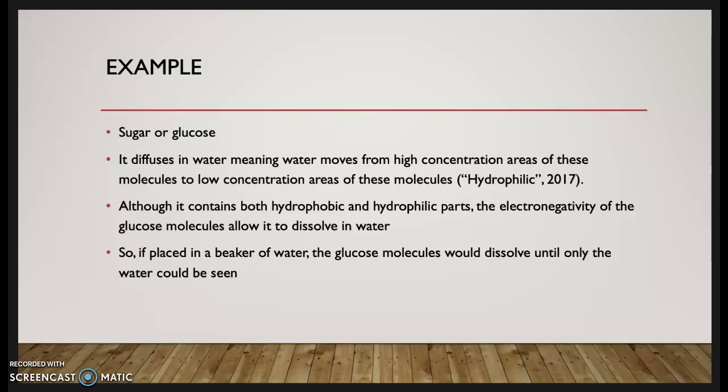An example of a hydrophilic substance would be sugar, or more specifically, glucose. Glucose diffuses in water, meaning that water moves from a high concentration to a low concentration of these molecules.